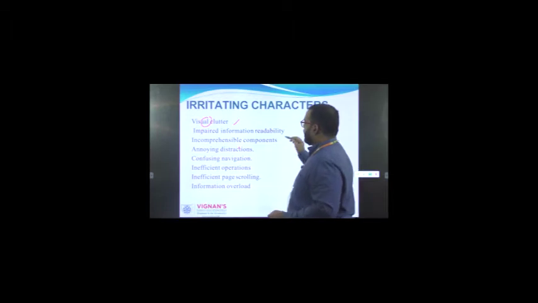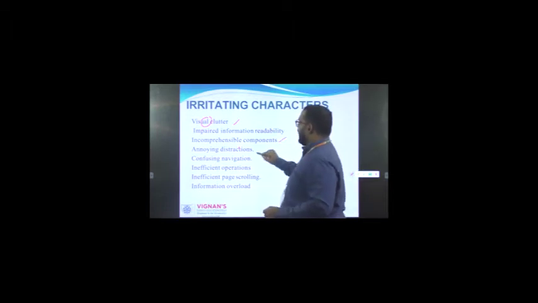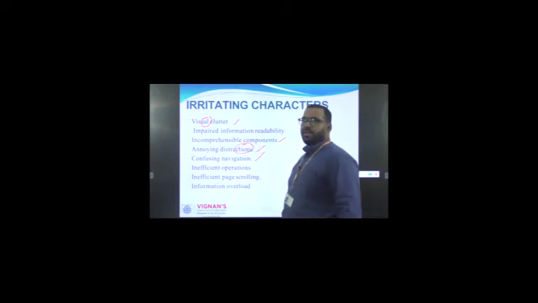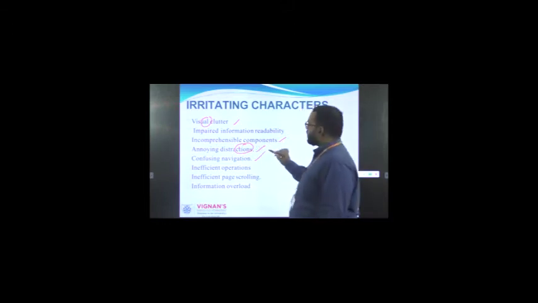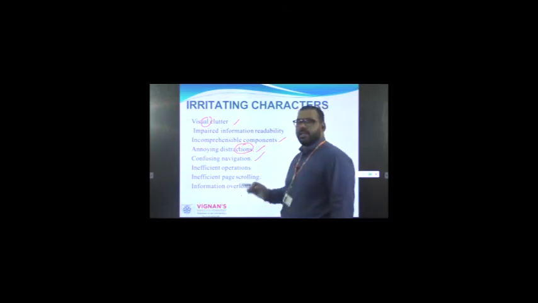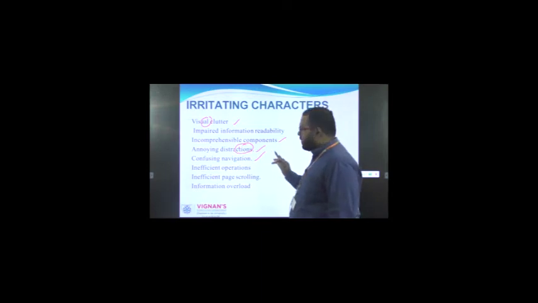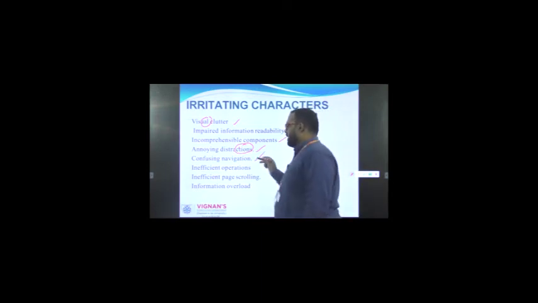Okay, some incomprehensible components, annoying distractions, confusing navigation. Distraction means some images coming in between, or some ads coming in between, or some menus suddenly popping out, because of the bad design. That will distract the user who is using the UI. Similarly, what about the navigation?